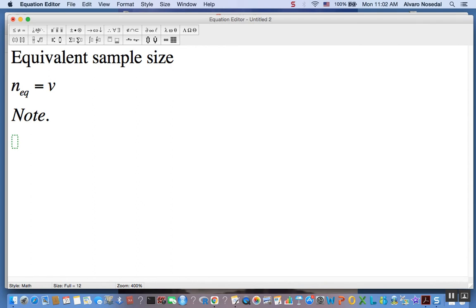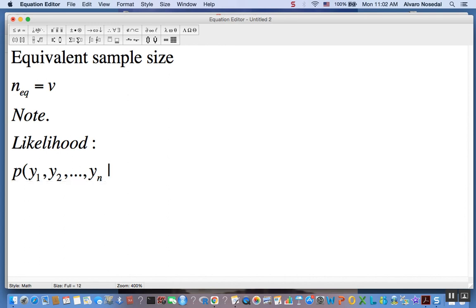Okay, so let me write down the likelihood for a sample of y1, y2 up to yn. So here we go. Likelihood. It would be the probability of observing particular values y1, y2 up to yn. That's our sample, right?